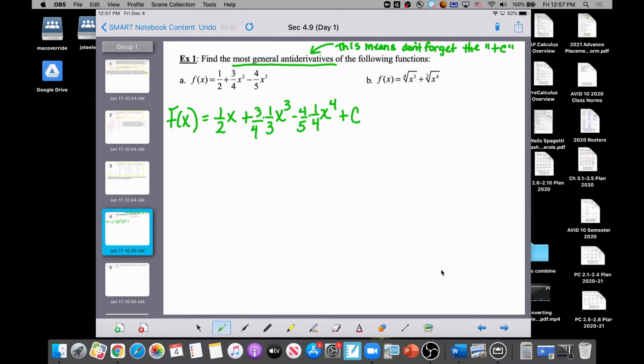We don't know. So now let's clean this up. My final answer is going to be F of x equals 1/2 x plus 3/4 times 1/3, that just makes 1/4 x cubed, and -4/5 times 1/4 makes -1/5 x to the 4th plus C.